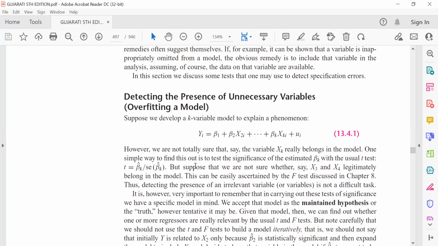Suppose we estimate this equation 13.4.1 and check which variables are not significant. But suppose we are not sure that x3 or x4 is a correct variable. Then we use the F-test to detect which variable is a relevant variable in this model.